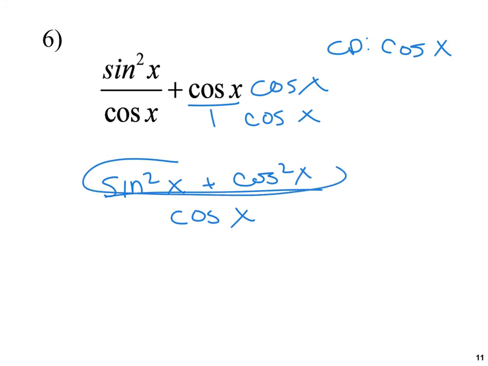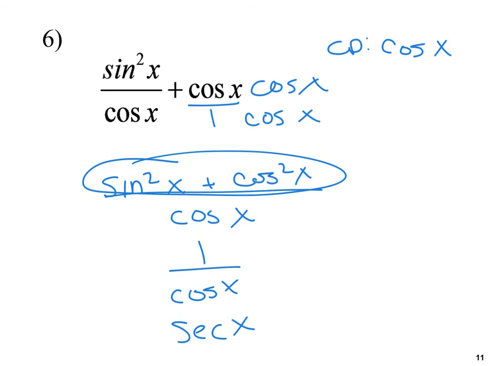So sine squared plus cosine squared is 1, and that would be secant. Okay, just one way. You could have tried making this 1 minus cosine squared, it might have worked, but that's not the way I thought at first.